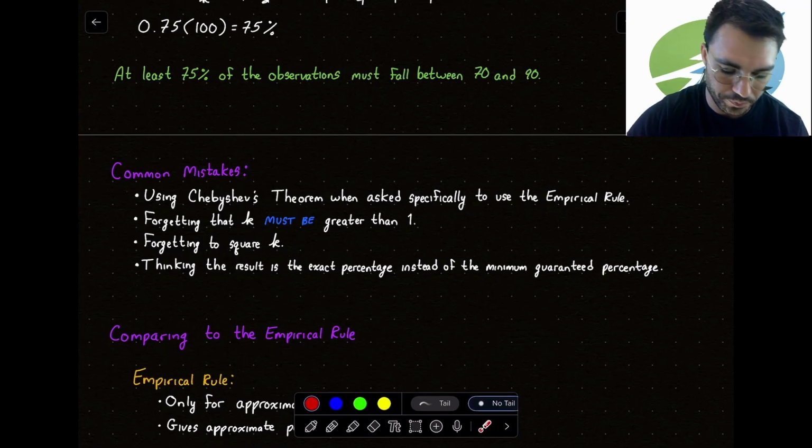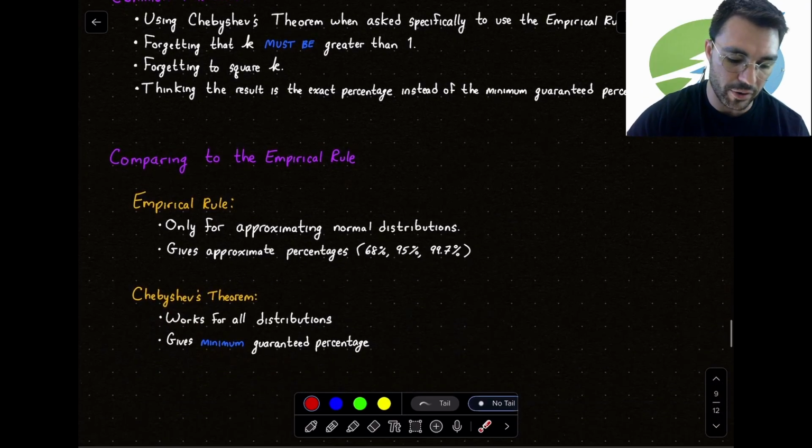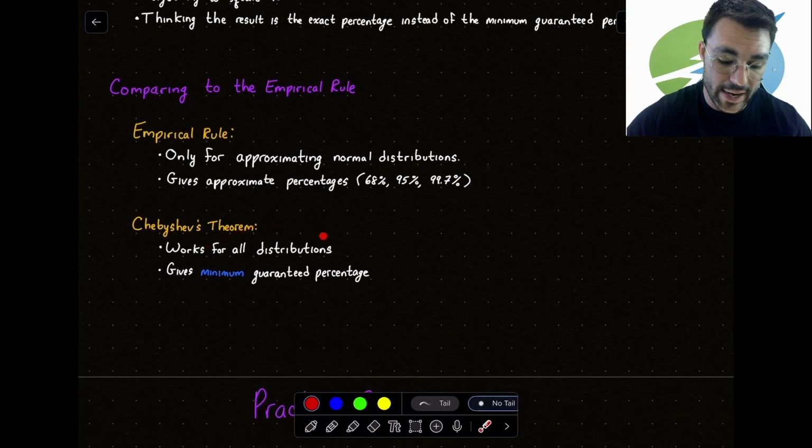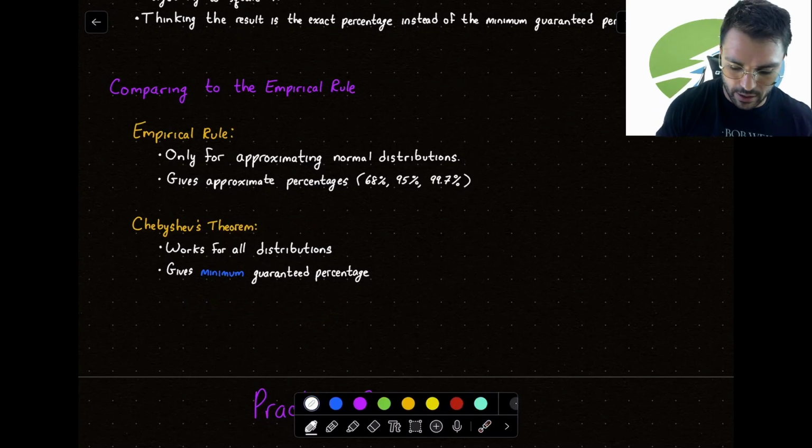that percentage. Comparing to the empirical rule, the empirical rule is only for approximating normal distributions, and it gives the percentages of 68, 95, and 99.7, which we should know from the previous video. And then Chebyshev's works for any distribution, and it gives the minimum guarantee, which I just went over.